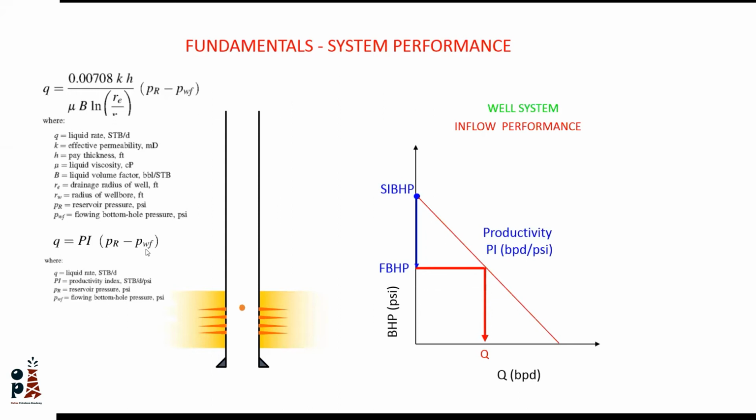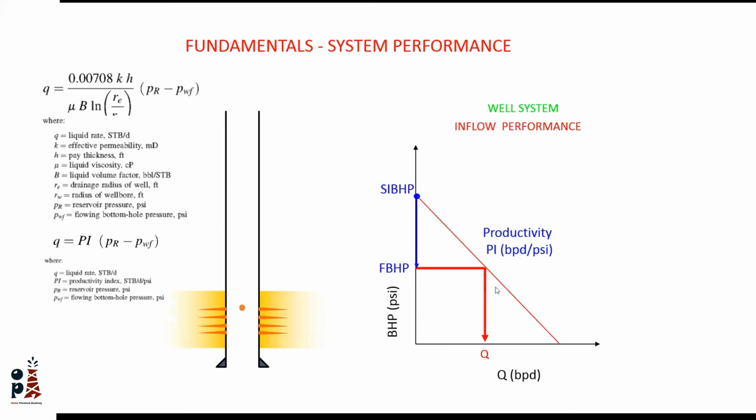So any flow across any porous media will depend on the characteristics of this media. So if we draw this equation, at each flow rate, we get the bottom hole flowing pressure.